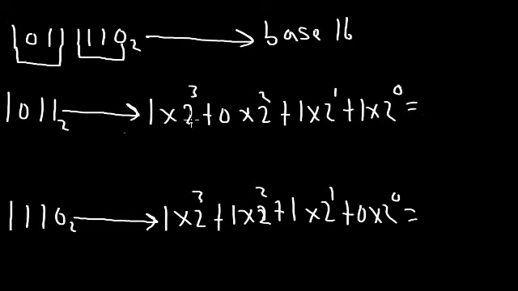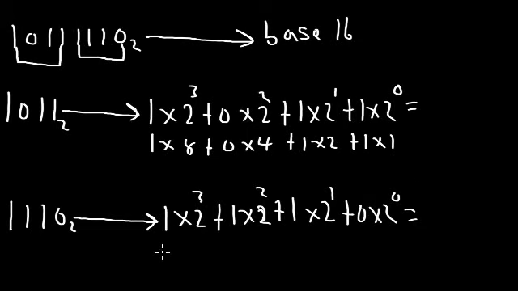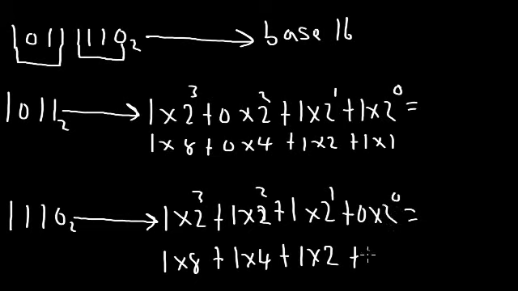So this should result in 2 raised to the power of 3 is 8. So I have 1 times 8 plus 0 times 4 plus 1 times 2 to the power of 1, which is 1 times 2, and 2 to the power of 0 is 1. And for the second part, it is 1 times 8, 2 to the power of 3 is 8, plus 1 times 2 to the power of 2 is 4, plus 1 times 2 to the power of 1 is 2, plus 0 times 2 raised to the 0 is 1.